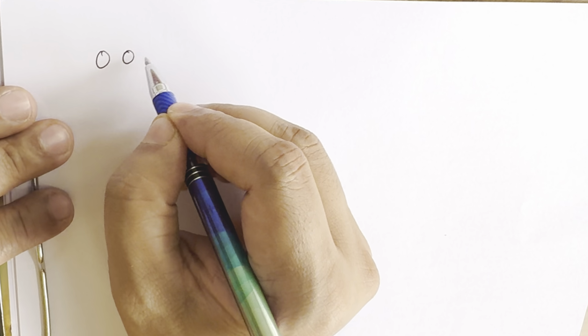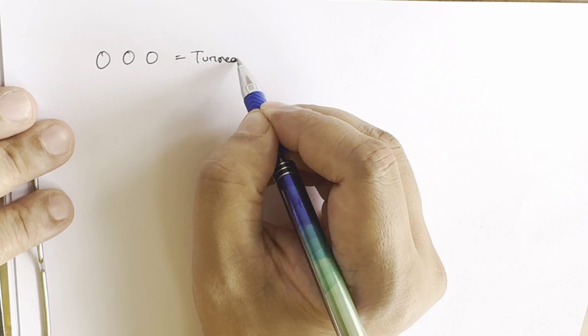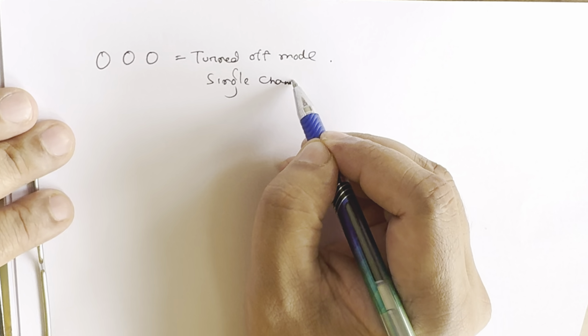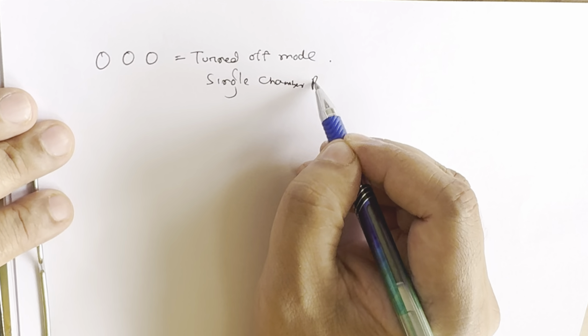So there are different kinds of pacing. OOO is the turned off mode. Then there is single chamber pacing. This can be AAI or AOO.